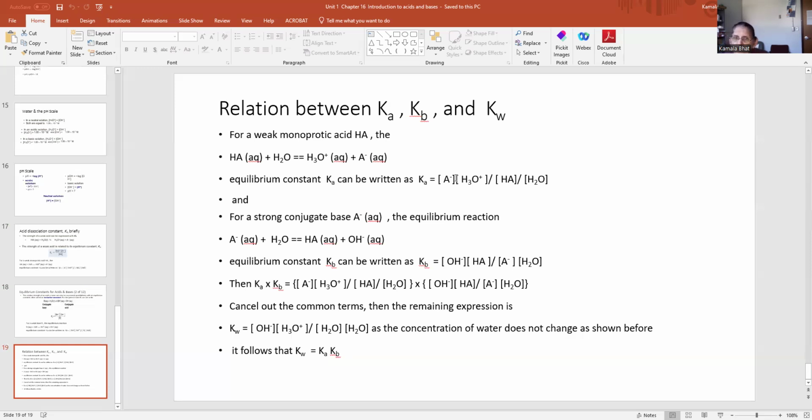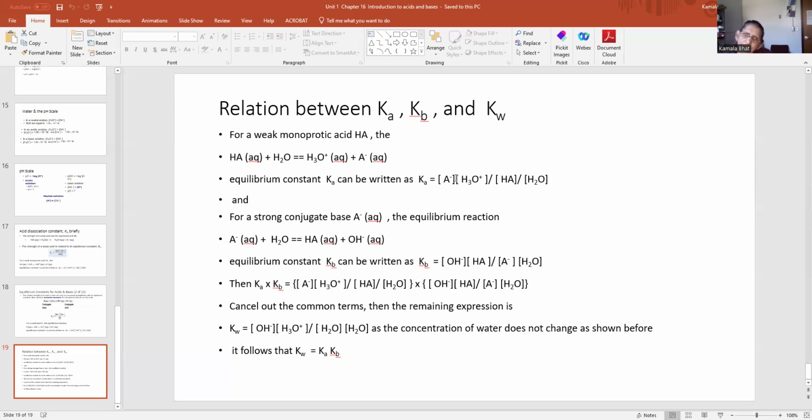And for the conjugate base, in the same manner, we can write A- plus H2O gives you HA plus OH-. Therefore, the equilibrium constant for the conjugate base will be OH- times HA divided by A- times H2O, where A- is the conjugate base concentration, OH- is the hydroxide ion formed during the particular reaction, and HA is the amount of acid that was produced, even though it is very little.